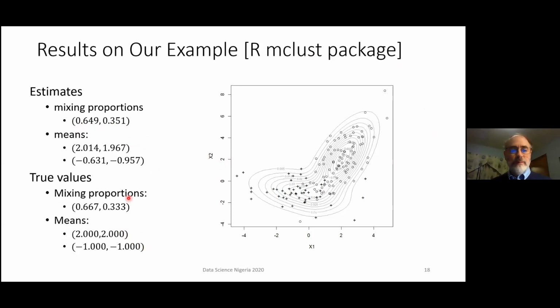In particular, the mean of the pluses is too small in the x1 direction by quite a bit. So you can see that it doesn't necessarily find exactly the right answer. But these contour points show you that it's fit the distribution pretty well. So we could use this for anomaly scoring, and it would work fairly well.